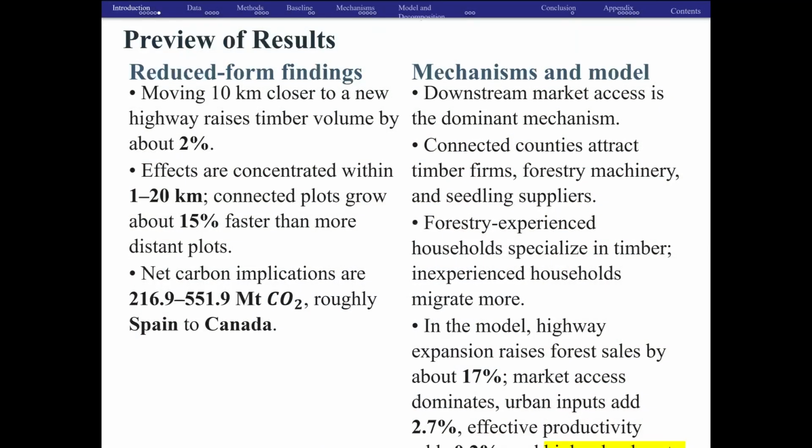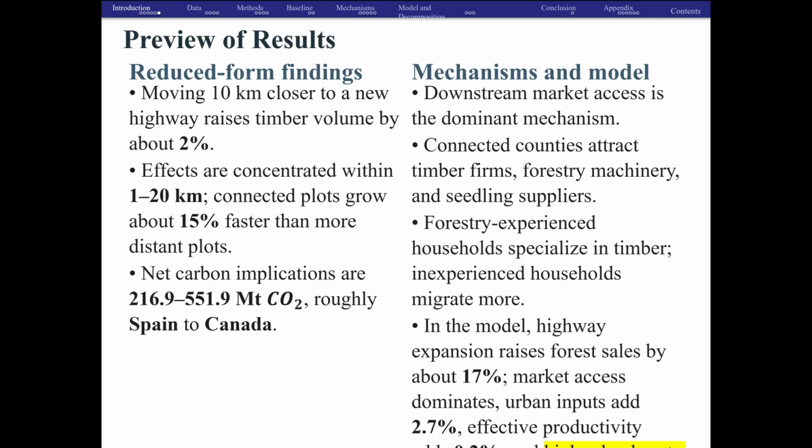The preview of results is that, based on the reduced form estimation, moving 10 kilometers closer to a new highway raises timber volume by about 2%. The effects are concentrated within a 20 kilometer distance.